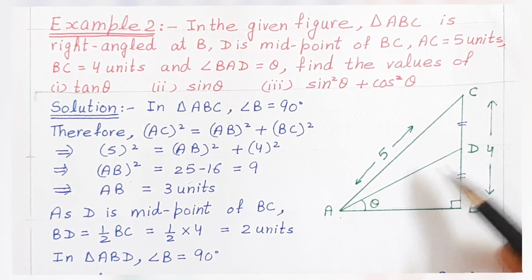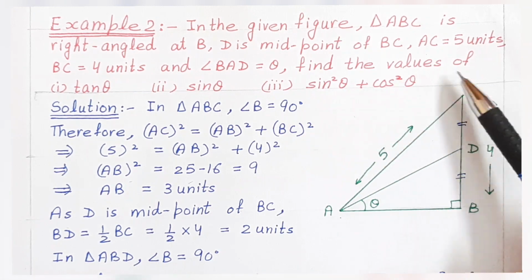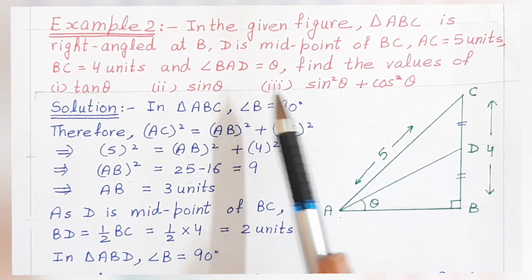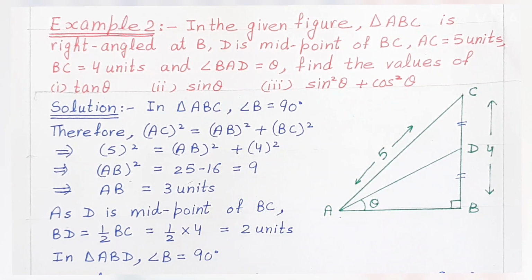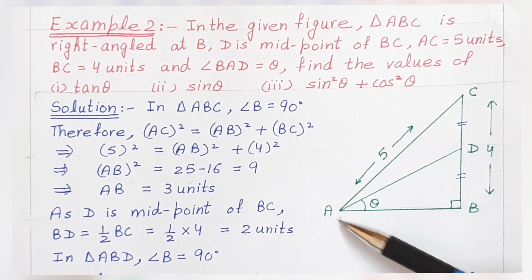Angle BAD is theta. Now find the values of tangent theta, sine theta, and sine square plus cos square theta. First of all, consider triangle ABC.